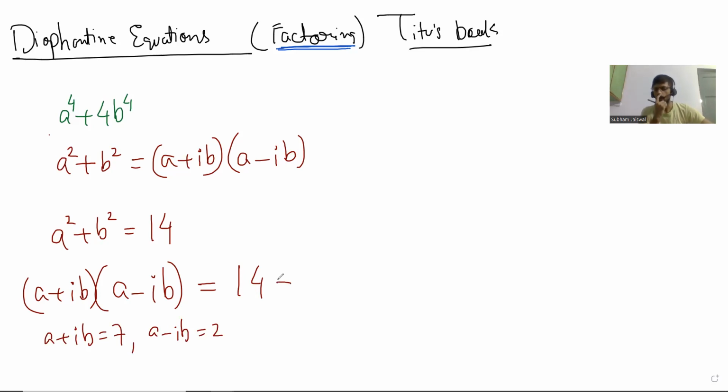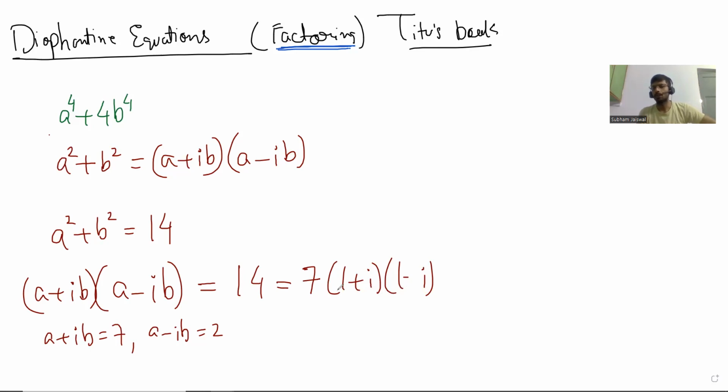Here you will learn very soon that you can factorize this also in a similar way. And then you will know that 7 cannot be factorized in this way. You can try doing that, you will see it will not work. But you will prove later on that certain primes cannot be factorized even if you allow i.